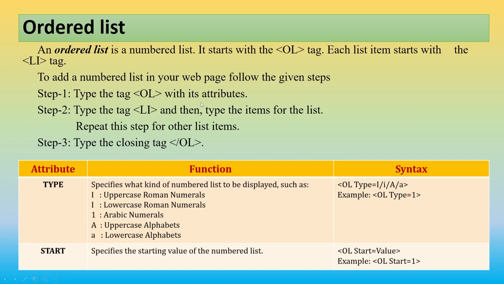At the end, when our list is over, we type the closing tag along with the slash sign, which is /ol. So here are the attributes: type, and the second attribute is start.